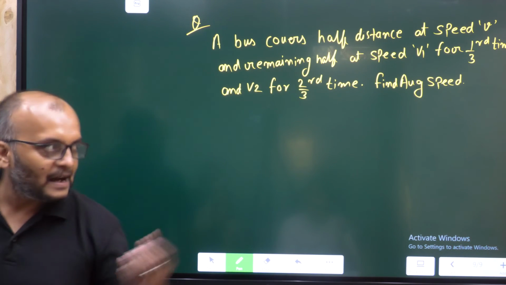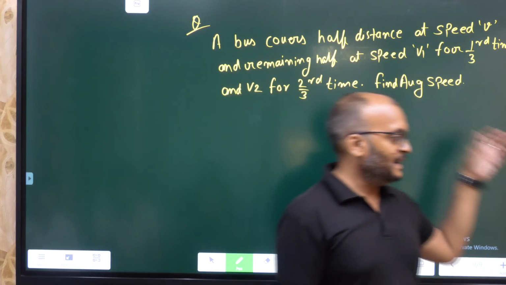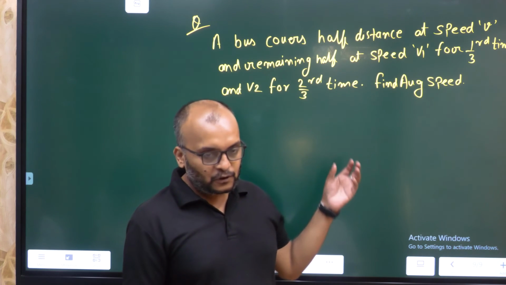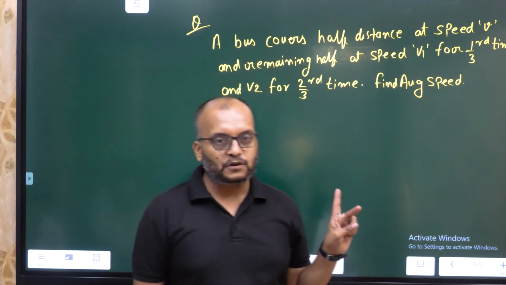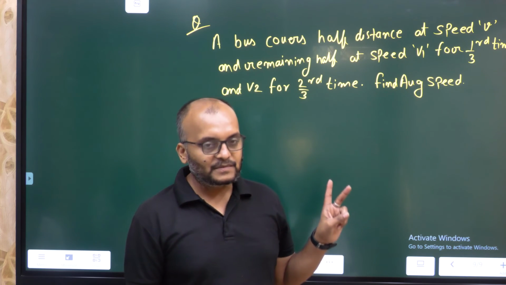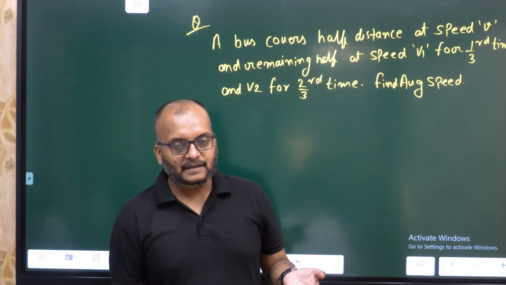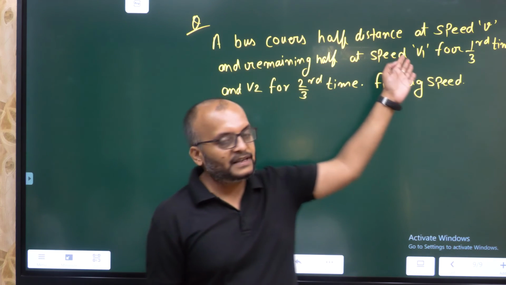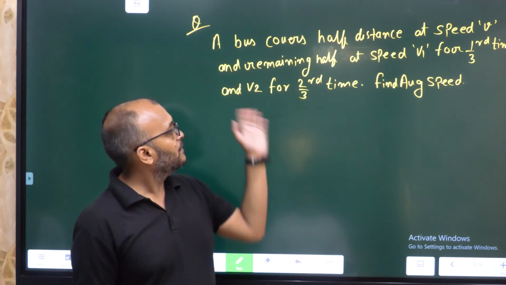Please understand, half of the distance is covered with some speed. Call T1 the time for it. Now, the remaining distance is covered in 2 time slots. Suppose the remaining distance is covered in 15 minutes, then for 5 minutes he is traveling with v1 speed, and for 10 minutes he is traveling with v2 speed.